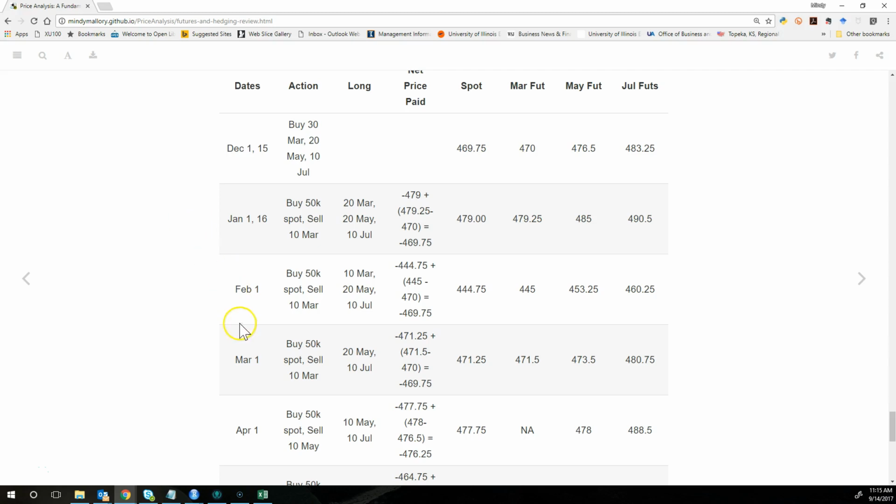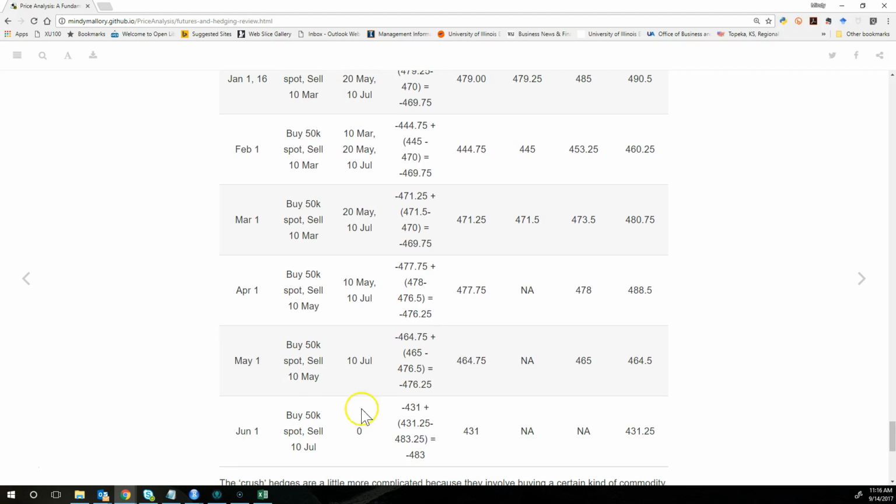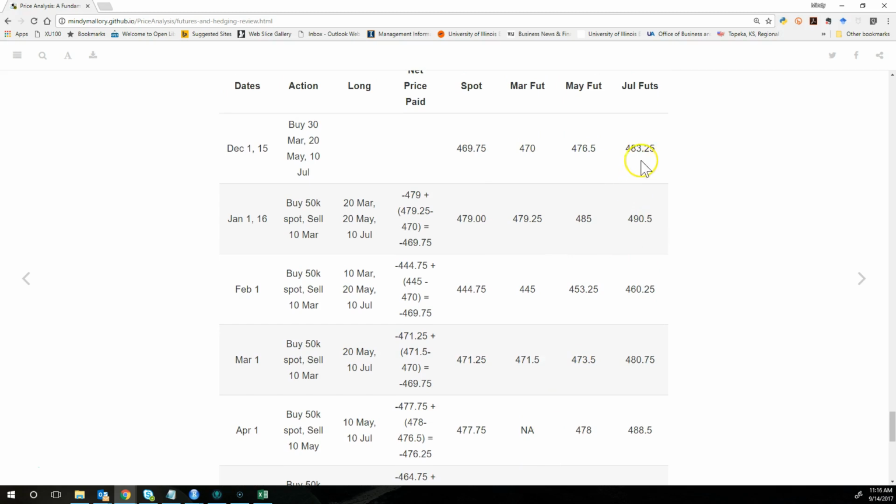And so by the time he gets around to making purchases a few months later, against the May contract, he's going to be looking at having to pay the price he saw in December that corresponds to the May point in time, this later sale. And if I scroll down here, you'll see that happens through the next couple of months, and then when May goes off the board, we see that jump to $483, which was this price.